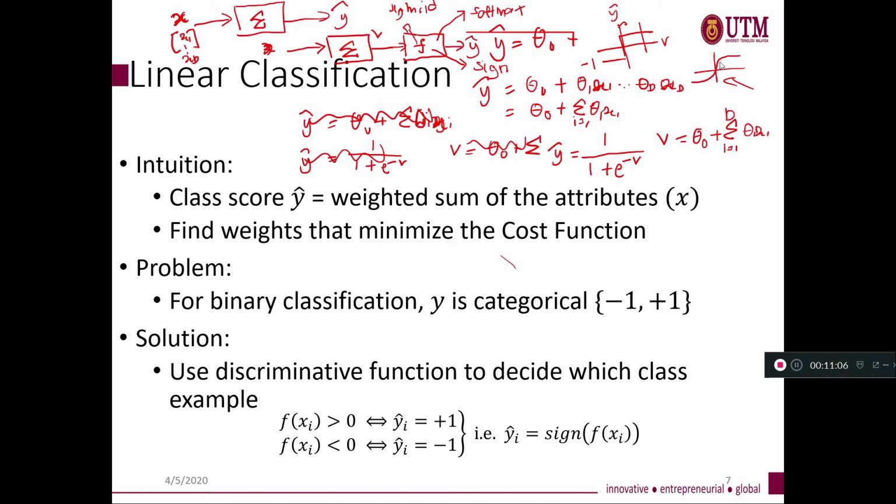So we want something like that, which is better than a hard decision as in the sign function, where you directly choose either class minus 1 or class positive 1. That's why sigmoid is better, because you have a transition there. Later we will discuss another advantage of using the sigmoid function as compared to the sign function.